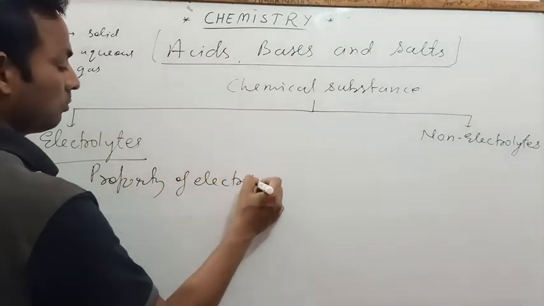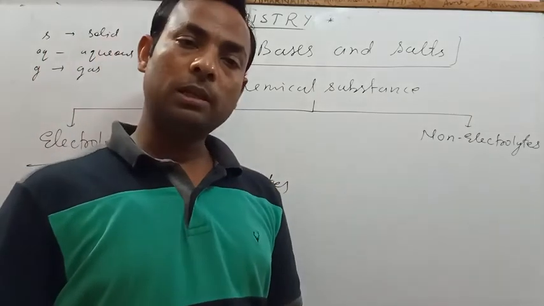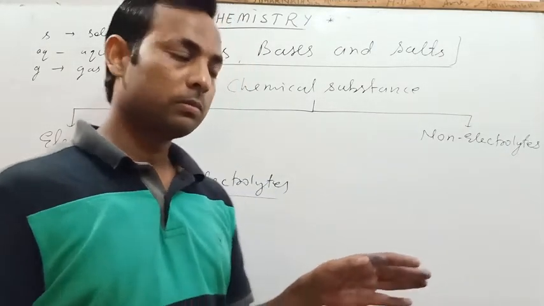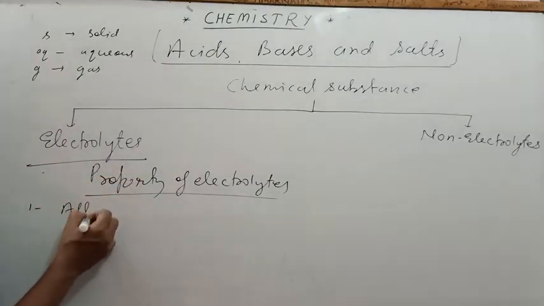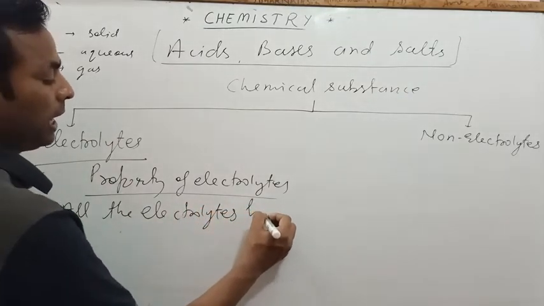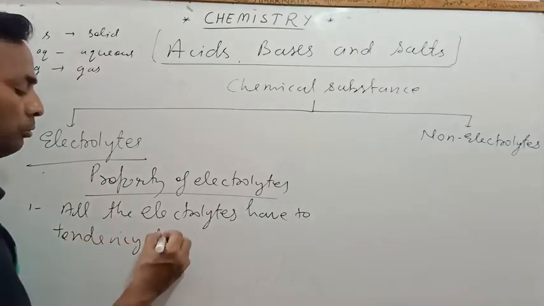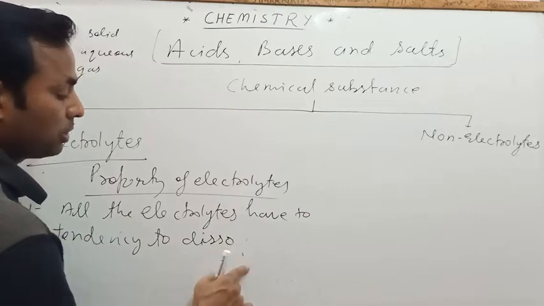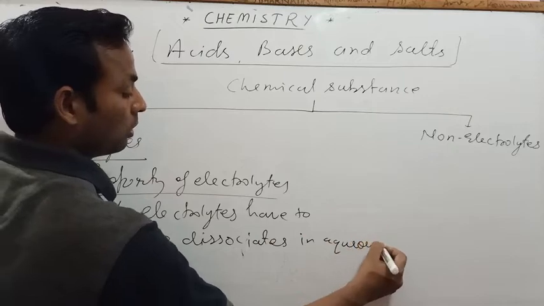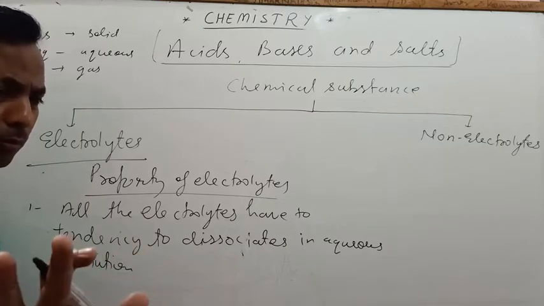The first property: all the electrolytes have the tendency to dissociate or ionize in aqueous solution, or in molten state, but only a few are in molten state.